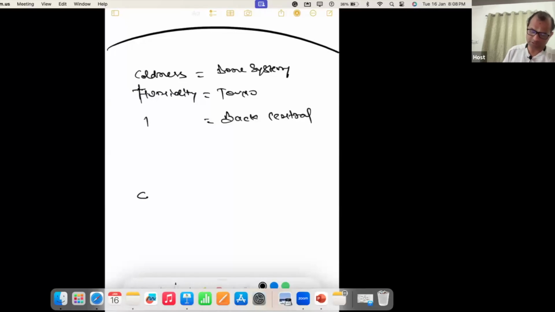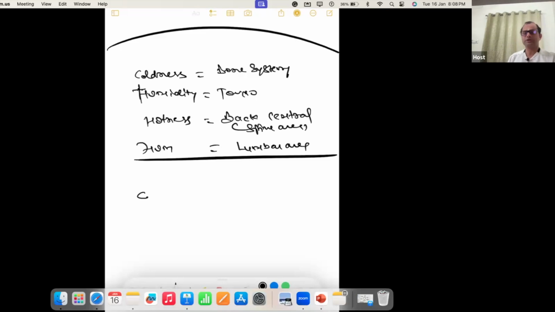That is hotness. But I don't want to treat the entire spine. Back central means spine area. I just want to treat the lower back, lumbar area. So now I will choose humidity. So finally I reached in the humidity. So first I taken the coolness, then humidity, then hotness, then humidity. Now finally whatever treatment I will do, I will do on the humidity. This will be the final treatment place.